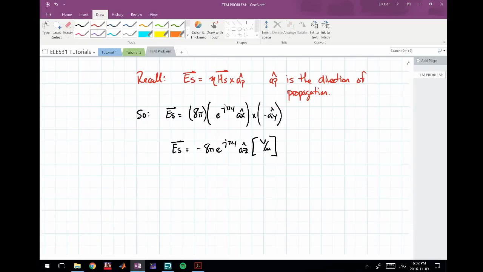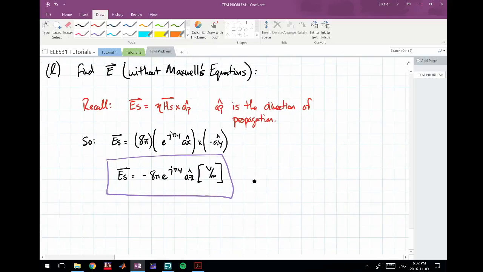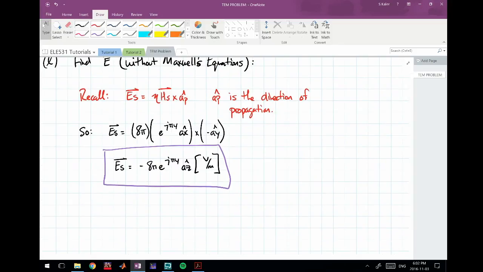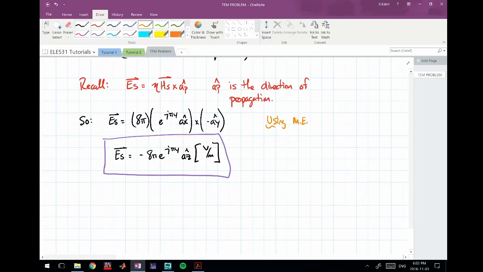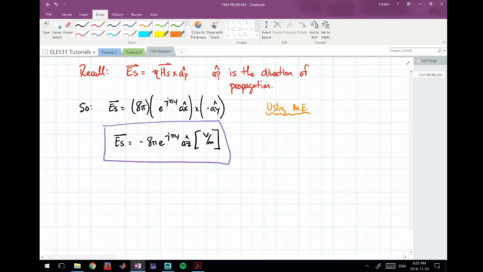Now again, like I said, it's a little silly to ask don't use Maxwell's equations, but since we must, I think the other way to do it, I'll just write it here on the side. So using ME, I'll call it, just instead of writing Maxwell's equations. If I wanted to use ME, how would I do this? We can do it a couple of ways. We can either use Ampere's law. So I can say the curl of Hs is j omega d, right?